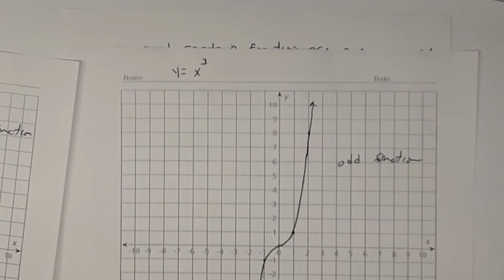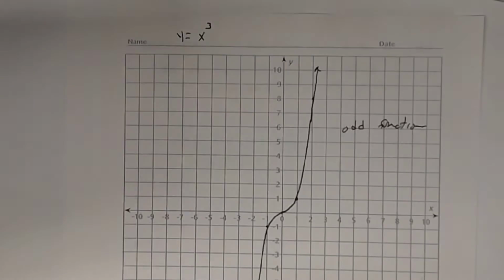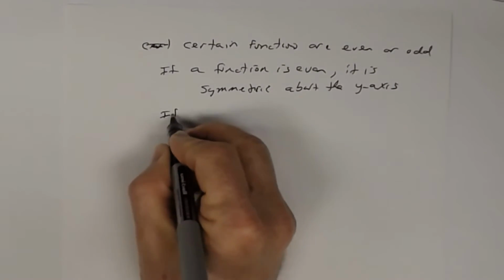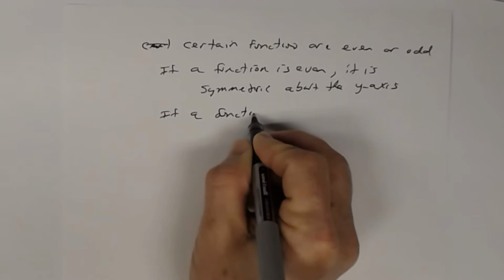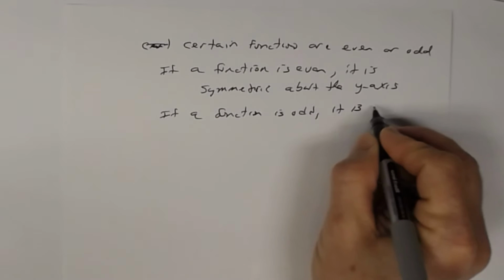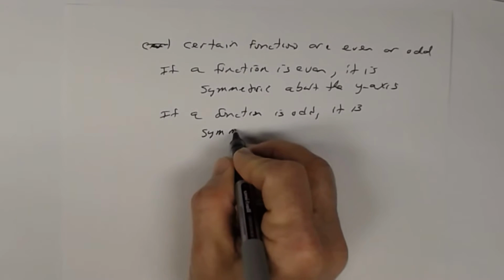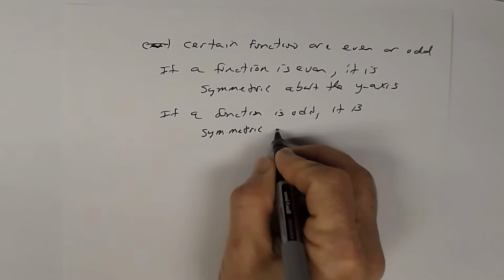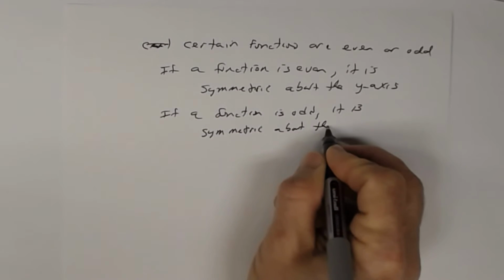So an odd function is symmetric about the origin. So if a function is odd, it is symmetric about the origin.